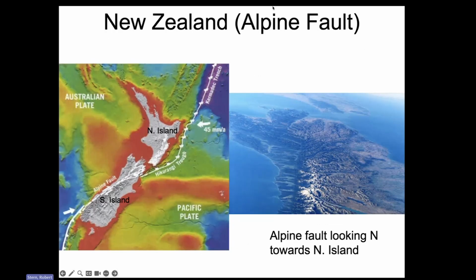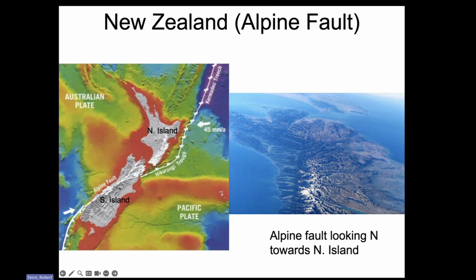Okay, let's look at another transform. So here we've got a convergent plate boundary with the Australian plate being subducted eastward beneath the Pacific plate, and up here, the Pacific plate being subducted westward beneath the Australian plate. And between the two is the Alpine Fault.